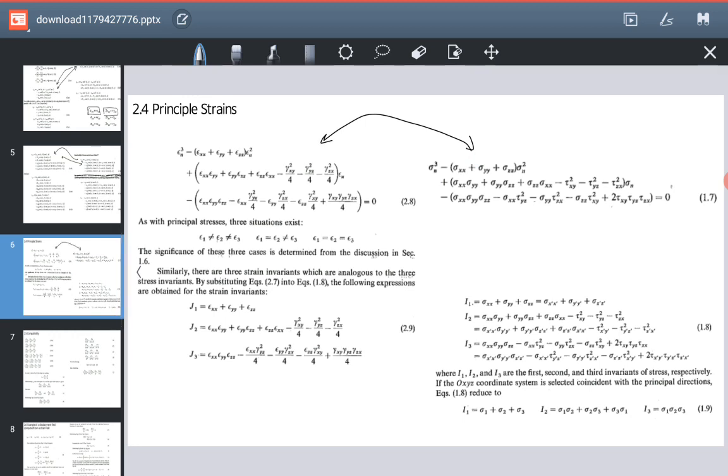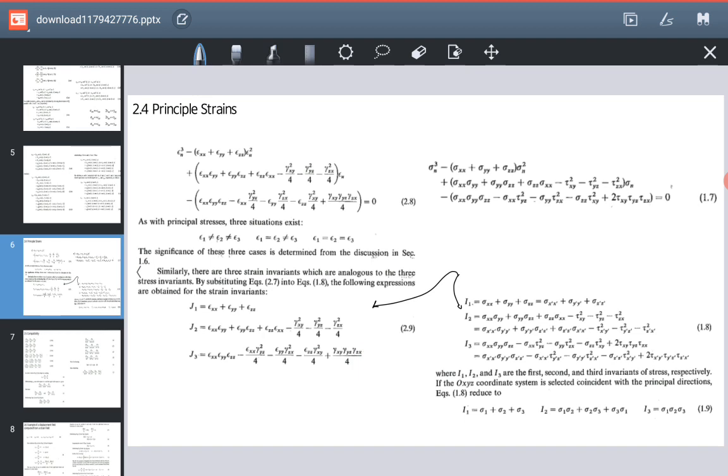That's the only difference: some expressions will be replaced by others, but the overall relation remains the same. In this expression you get sigma 1, sigma 2 and sigma 3. Here you will get E1, E2 and E3. And finally, just as we had invariants here, we are also going to have invariants here. Even that is quite comparable.